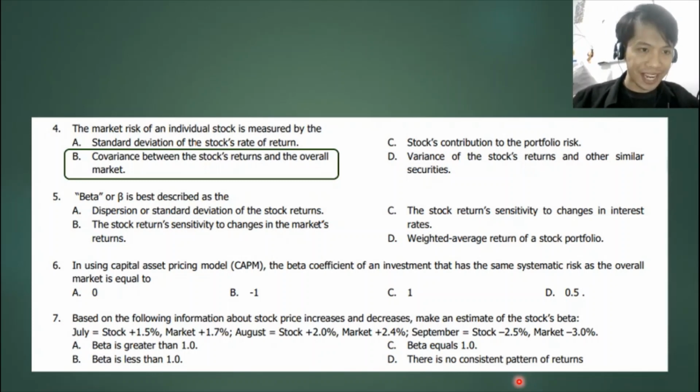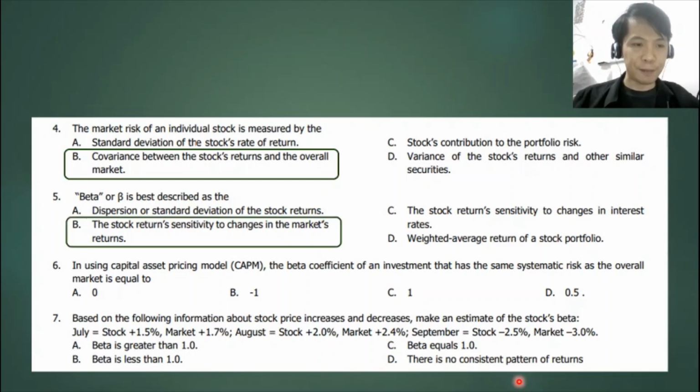That is the correct answer for number 4. Number 5, beta, the Greek letter, is best described as the letter B again. Stock's return sensitivity to changes in the market's return. The more volatile the stock is compared to the overall market, the higher the beta.